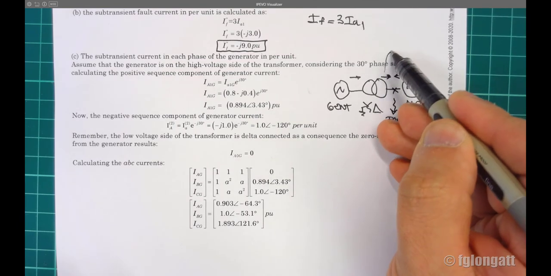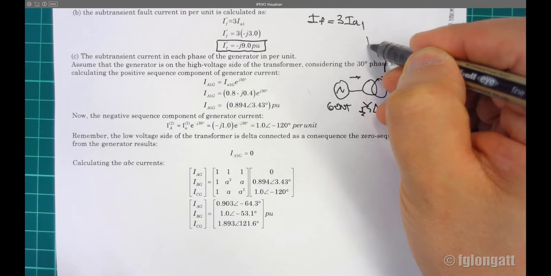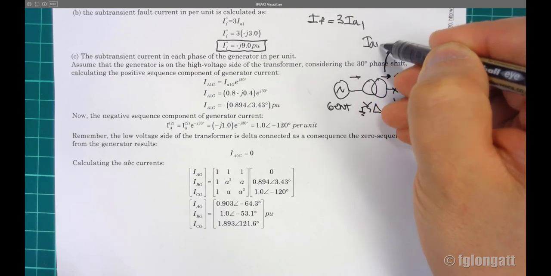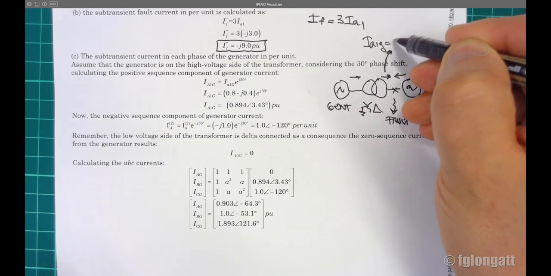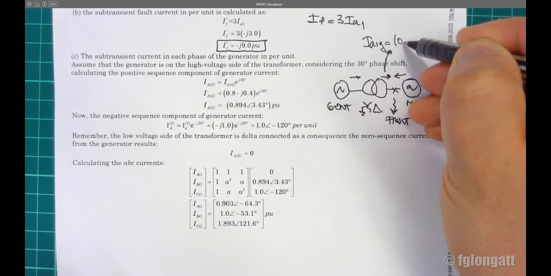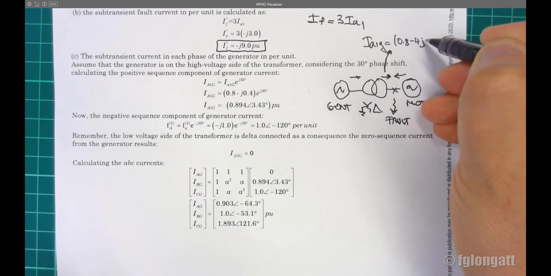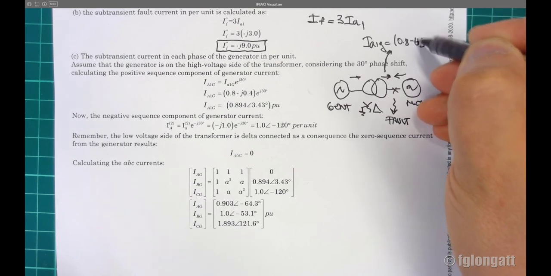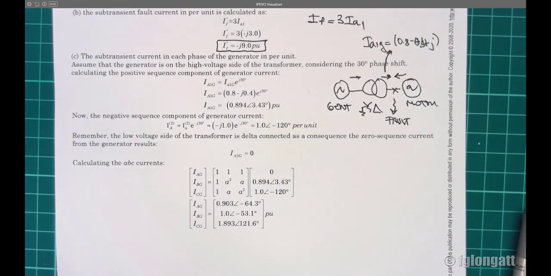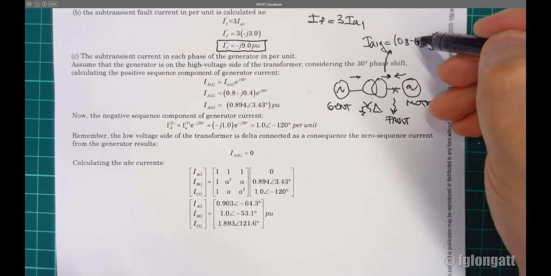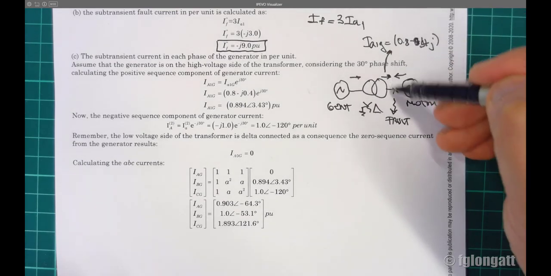We know that the positive sequence current here, the positive sequence current coming from the generator, is equal to 8 minus 4j, okay? It's 0.4j, and that is in the delta side.